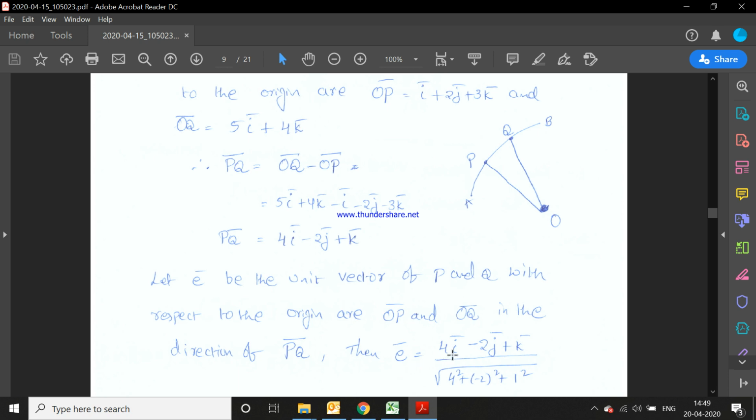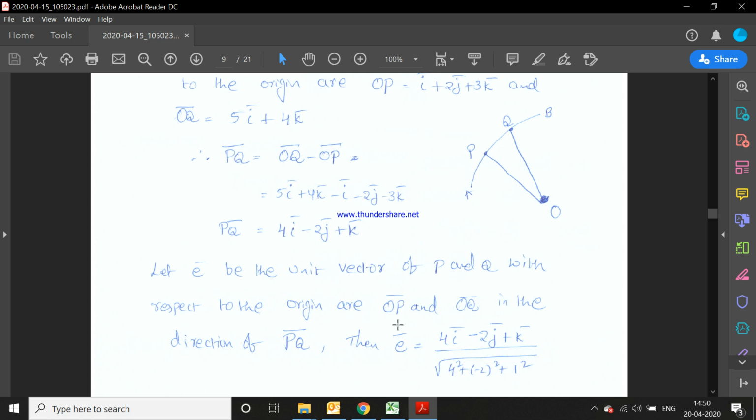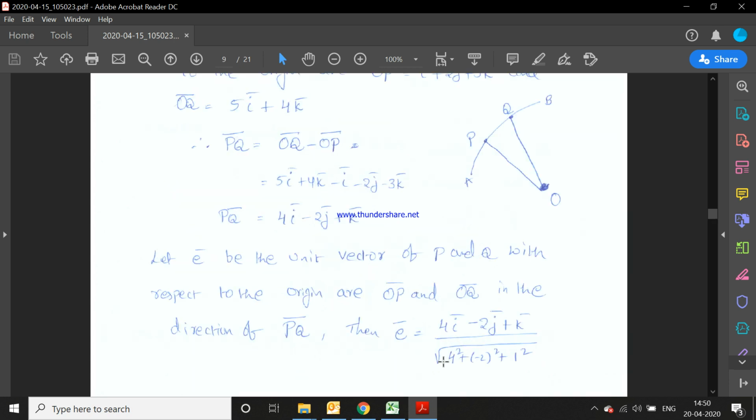That is, E bar is equal to 4I bar minus 2J bar plus K bar by the square root of 4 squared plus minus 2 whole squared plus 1 whole squared. So we get E bar equal to 1 by root of 16 plus 4 plus 1, that is root 21, into 4I bar minus 2J bar plus K bar.